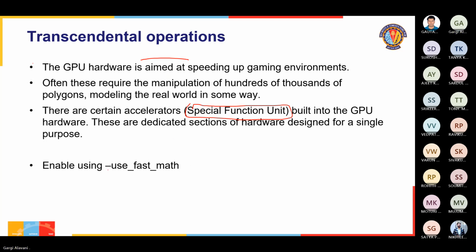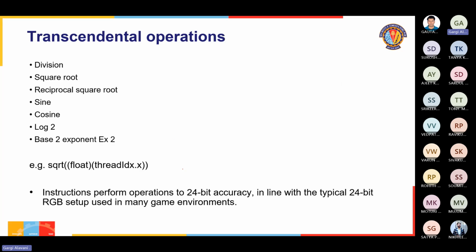You can use this with the -use_fast_math option, and these are the different transcendental operations available in CUDA: division, square root, reciprocal square root, sine, cosine, log base 2, exponential base 2.